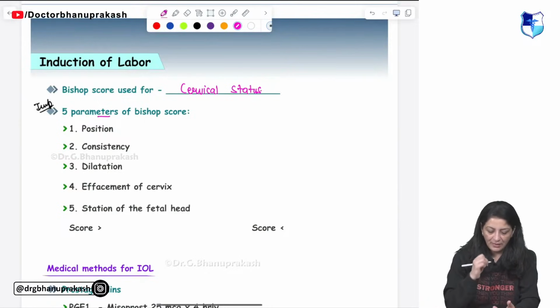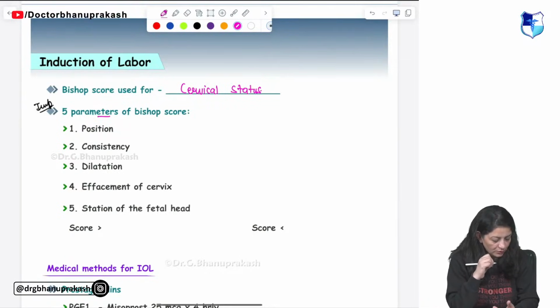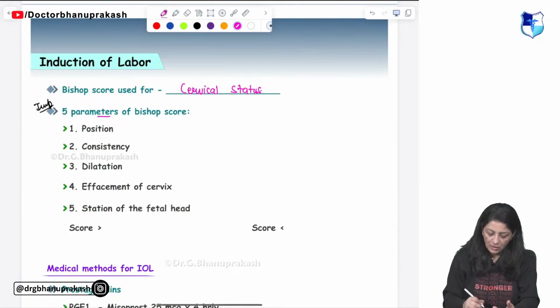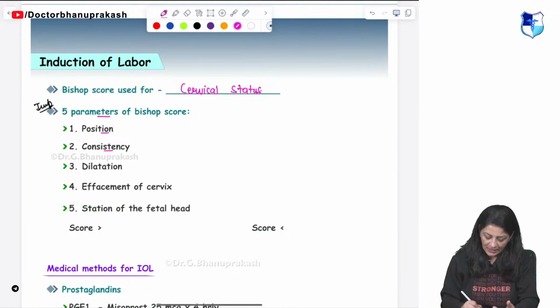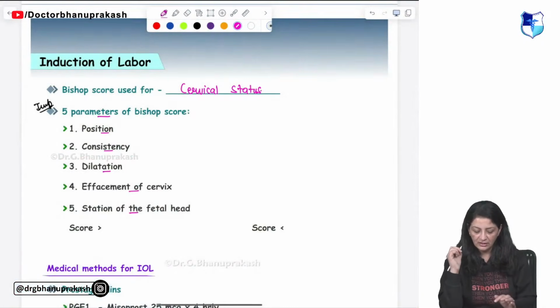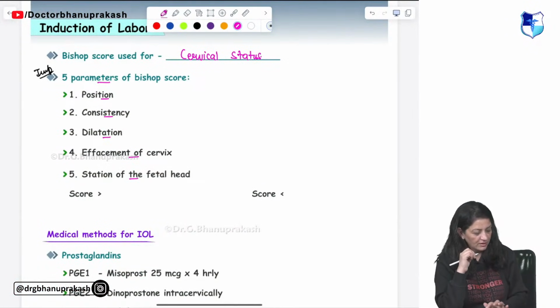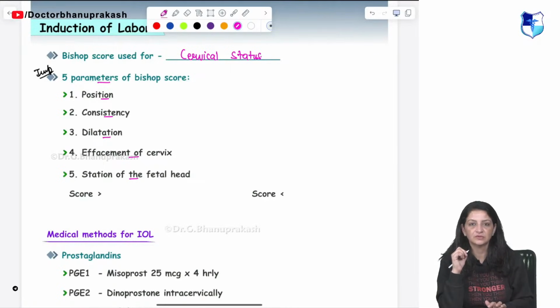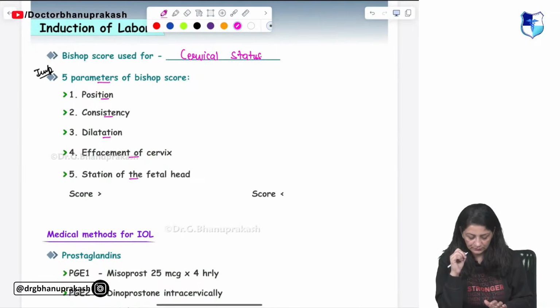There are 5 parameters in the Bishop score. First one, position of the cervix, consistency of the cervix, dilatation, effacement, and station of the fetal head. So these are the 5 parameters of the Bishop score.